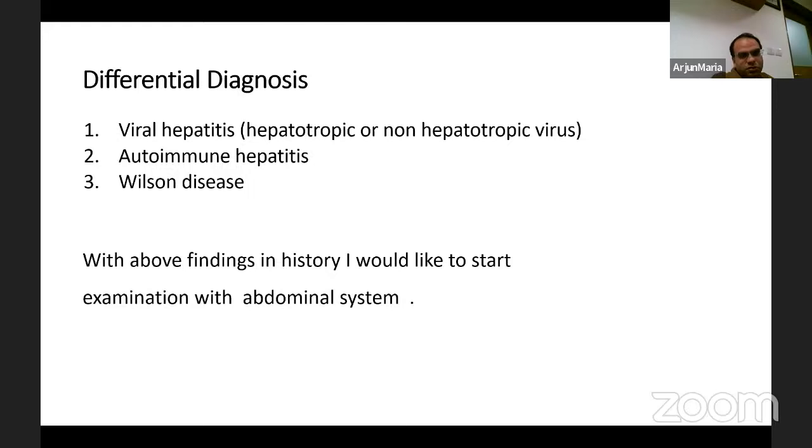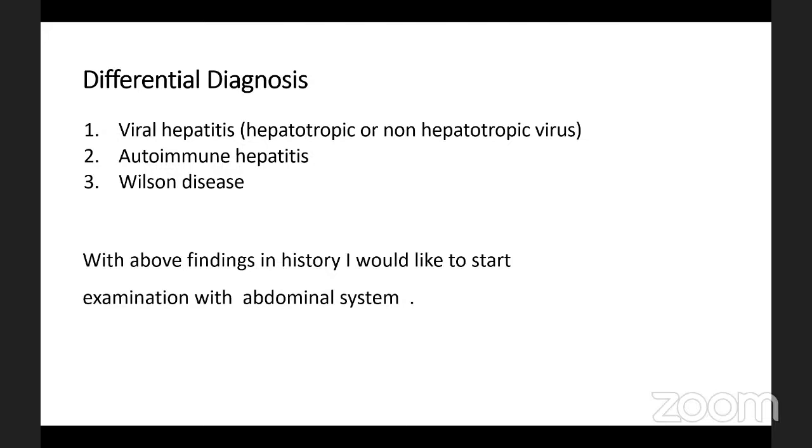Why have you included autoimmune hepatitis? What are the symptoms suggestive of that? If there are multiple episodes present, then autoimmune hepatitis can be included. So was there any pointer towards autoimmune hepatitis in this case? No, sir, there is no autoimmune history.